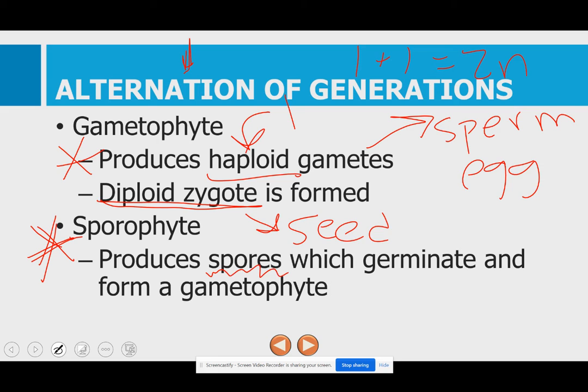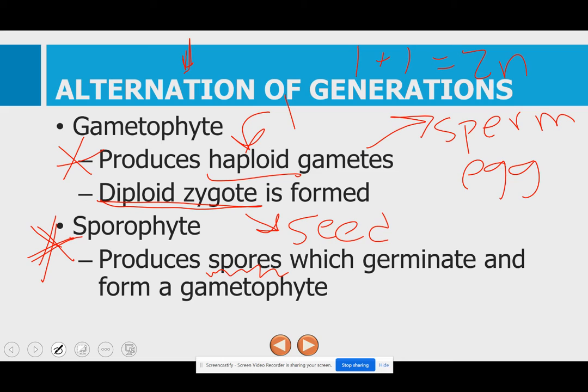And the spores germinate to form the gametophyte. And the gametophyte produces the gametes, which combine to form the zygote. And that seed produces the sporophyte. The sporophyte produces the spores, which germinate to form the gametophyte. So you see this back and forth, this alternation of generations. We go back and forth between the gametophyte and the sporophyte stage. That's called the alternation of generations.